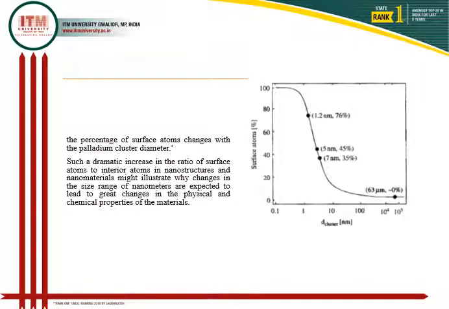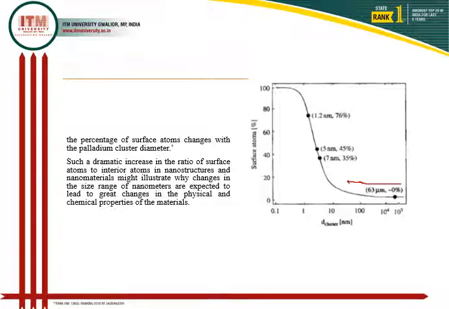It has been shown why the percentage of surface atoms changes and affects the properties more. If you see from the right hand side to here, as you reduce the size from 10 to the power 5 to 10 to the power 4 to 100 nm we are talking, and if you reduce the size, this will increase more atoms on the surface.